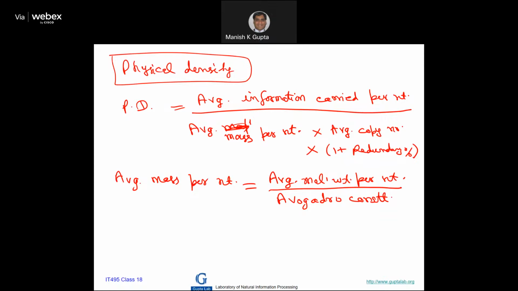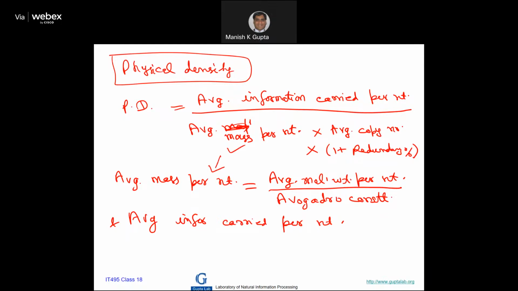I think you must be recalling this from your 12th chemistry, right? So I'm giving you the formulas anyway. Average information carried per nucleotide, so I gave you this value here, right?